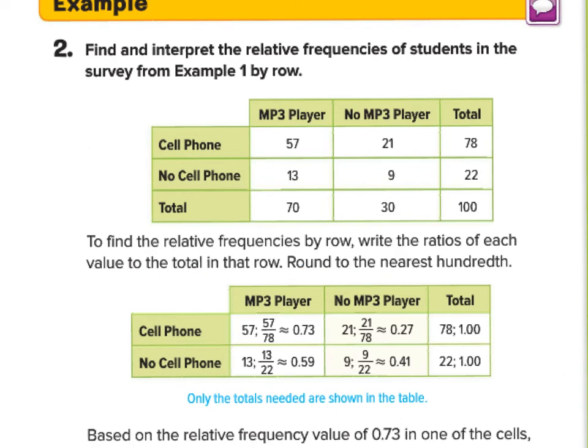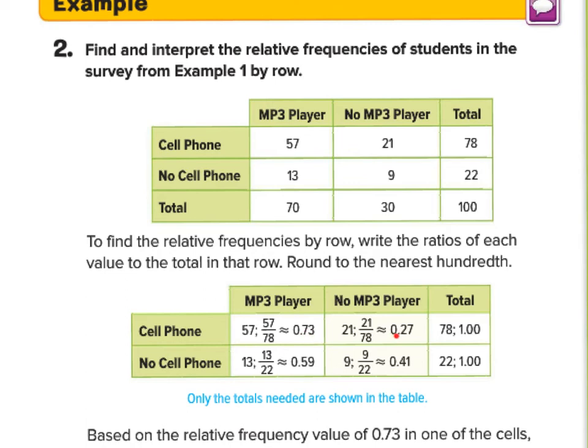So for example, we have here 57 students with MP3 players out of the 78. Okay? And we have 21 here out of the 78. So when we write it like that, 57 out of 78, it gives us about 73%. We can turn this into a percentage.